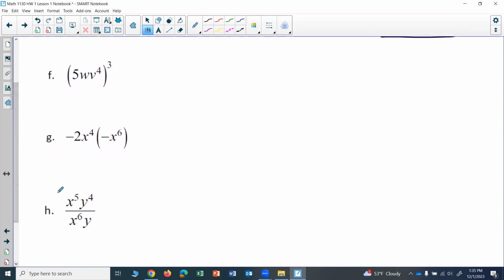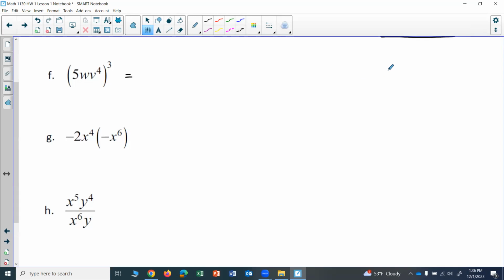All right, now I have parentheses 5w to the 4th, and then close the parentheses, raise the whole thing to the 3rd power. So I'm going to use more than one exponent rule here. The first one is when I have a product to a power.